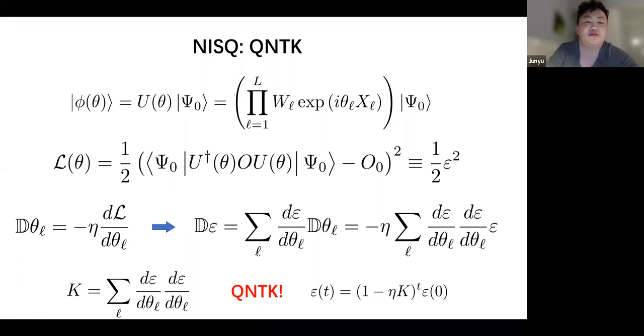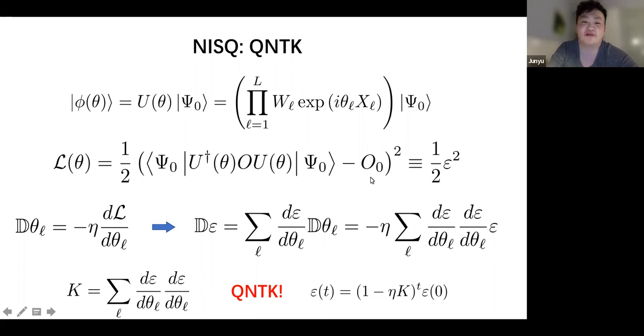And then using it, we could make a loss function, where here I'm specifically talking about the quadratic loss, where we use the difference between the prediction, the expectation value of some operator O, and some constant O0, which could be arbitrary in principle.